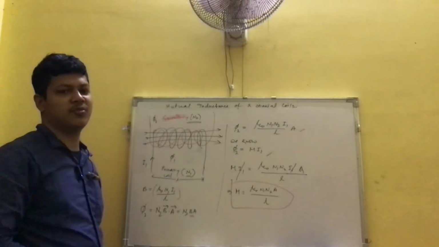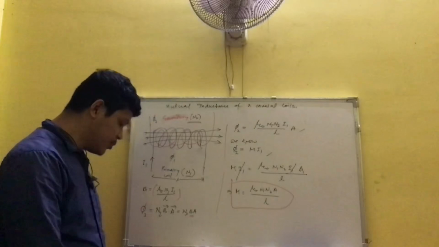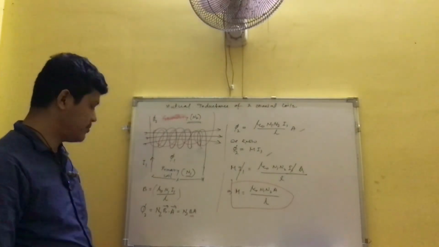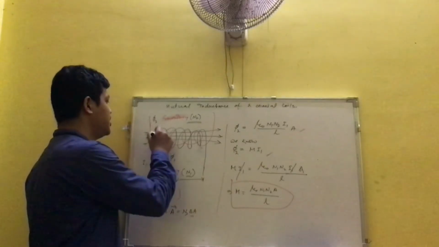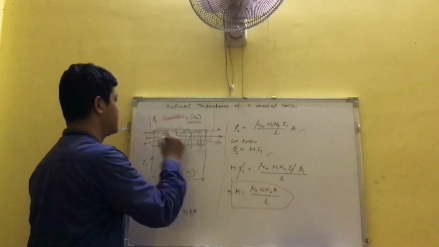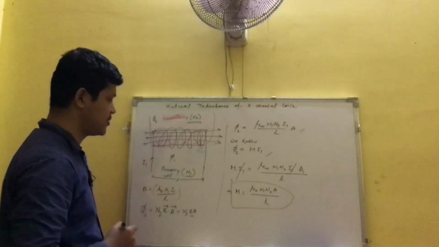This is the expression for the mutual inductance of two coaxial coils, right? Now here you see one more important thing. Suppose we put a core of a material whose magnetic permeability is mu.